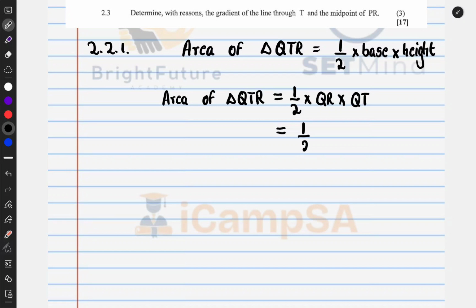So we're going to have 1 over 2 multiplied by QR, which is square root 34, multiplied by QT, which is square root 34 over 2.